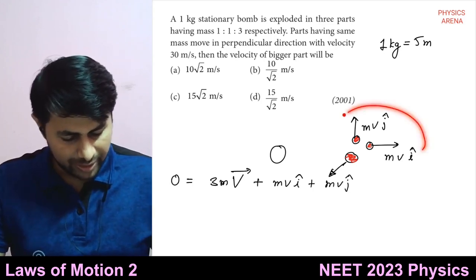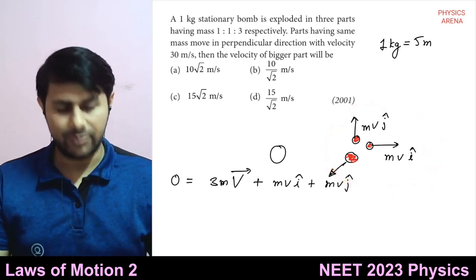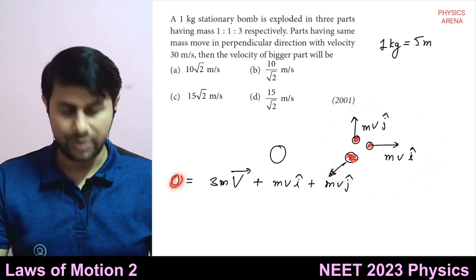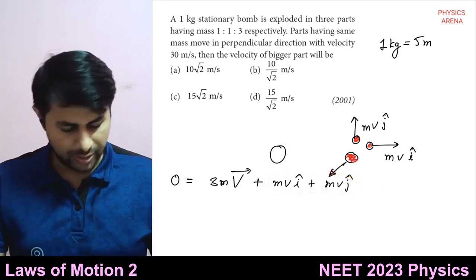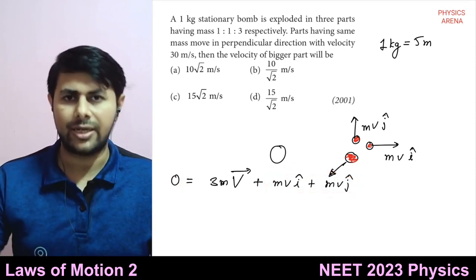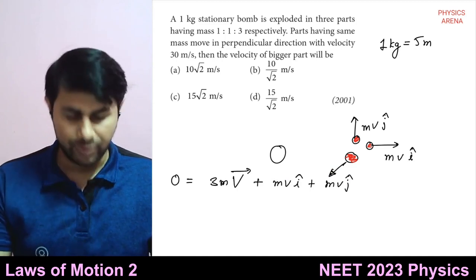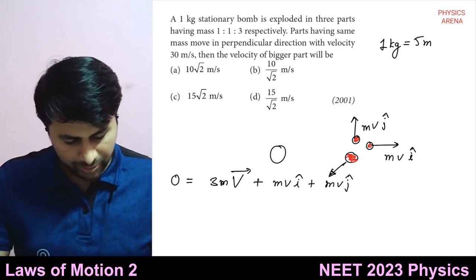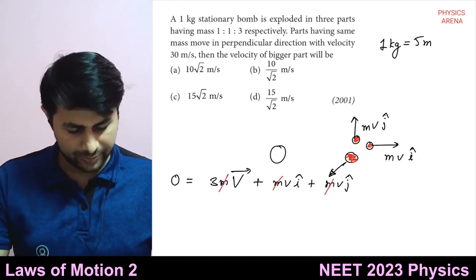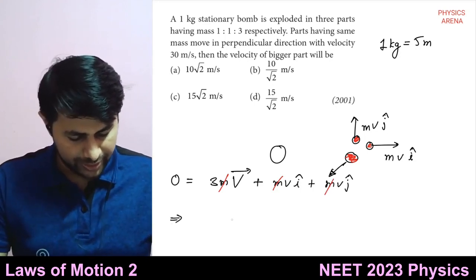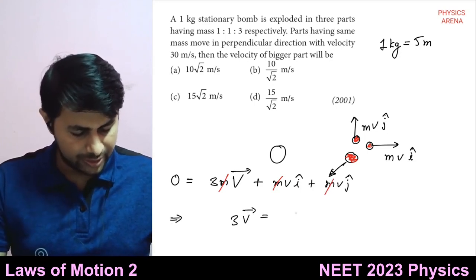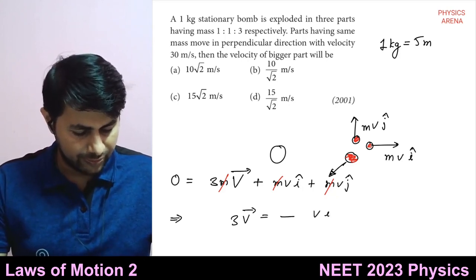So the sum of momentum of all 3 masses is equal to 0. Now we can move this mv I cap plus mv j cap to the left side, so it will become negative. And even before that, we can cancel out m. So we get 3 times V bar is equal to minus of vI cap plus vj cap.